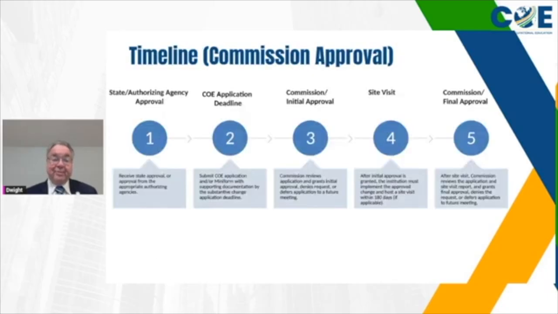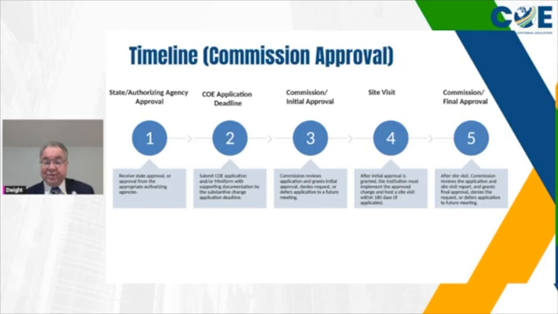The commission timeline for approval. You have the state authorized agency approval. You meet the COE application deadline. Make sure you have all the supported documentation in the application by the due date. Commission will grant initial approval. And once initial approval is granted, you will go ahead and start the program.